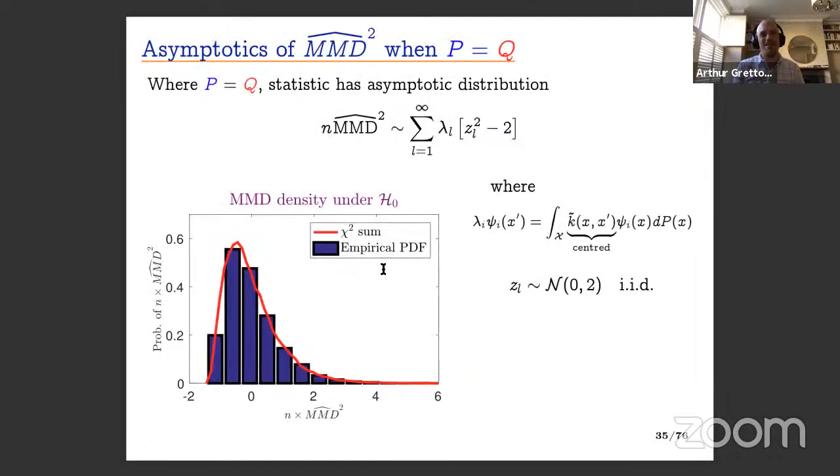Even though as n increases, eventually you're going to see it converging to the Gaussian. This interpolation between null and alternative is something that I think Kenji Fukumizu has used in some of his work. So that's, again, sort of out of scope for this lecture. But if you get in touch with me later on the message boards, I can address that and give some more information about that.